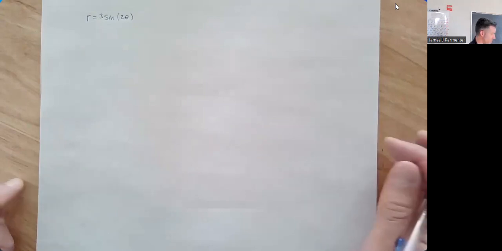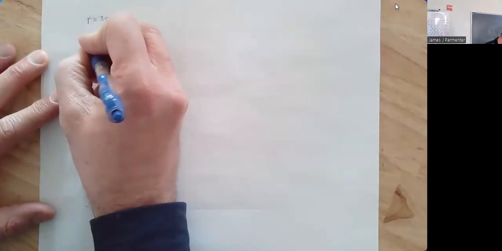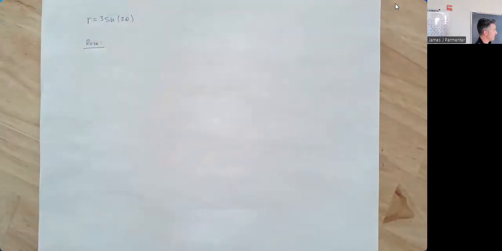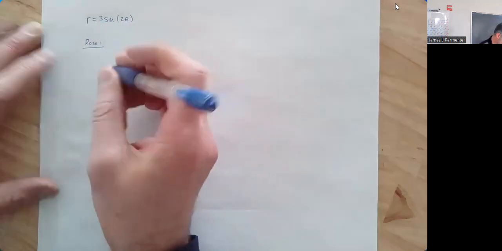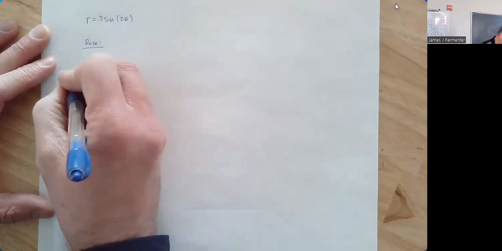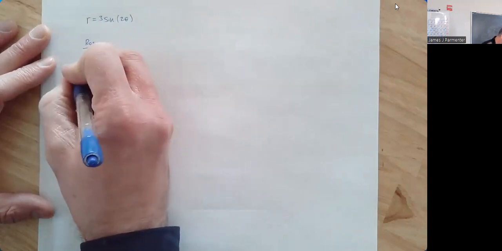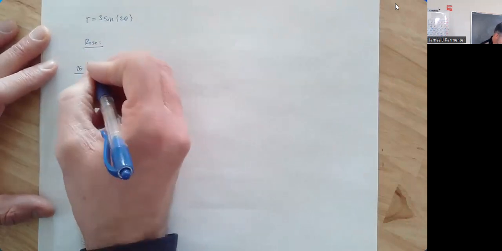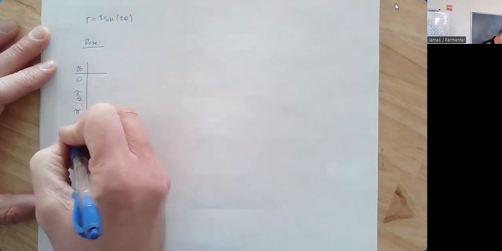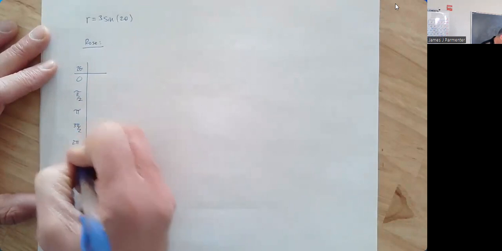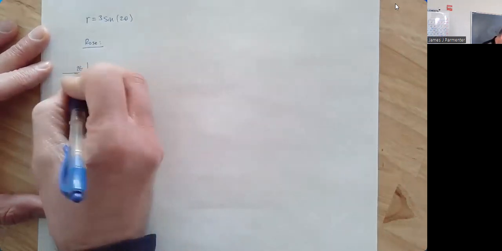Typically when I'm graphing something that I know is a rose, I'm looking for the values of theta that either make r 0 or r as big as possible, meaning the sine value is 1 or -1. So I want 2 theta to be either 0, pi over 2, pi, 3 pi over 2, 2 pi, etc. So theta should be half of that.